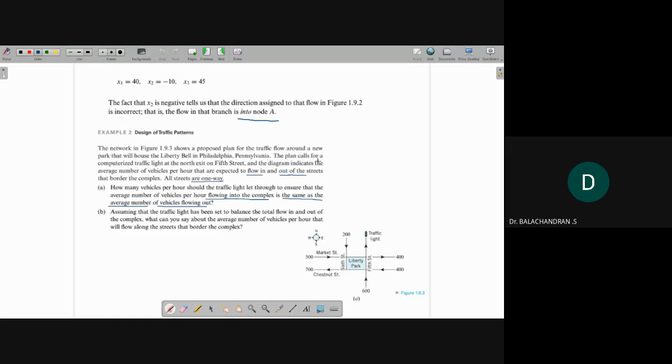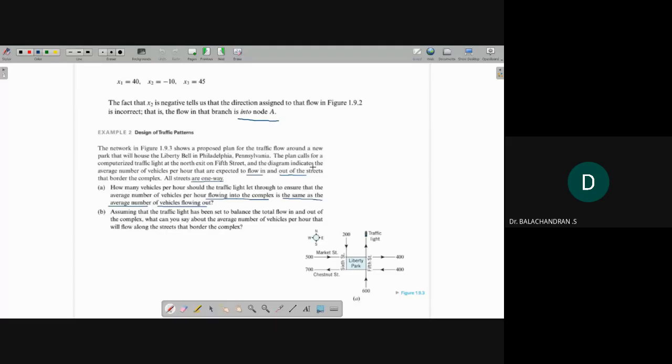The plan calls for a computerized traffic light at the north exit on 5th Street. This is 5th Street. The plan calls for a computerized traffic light here, at the north exit of 5th Street.